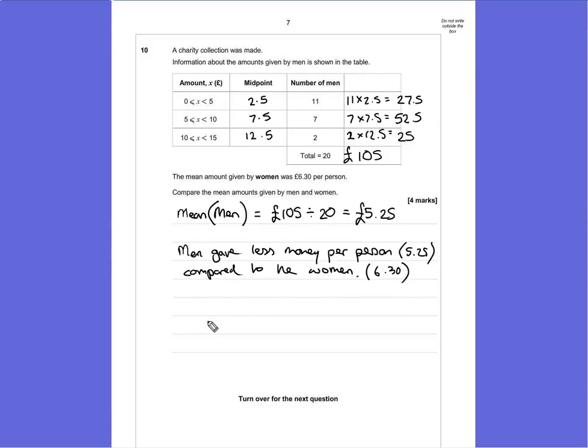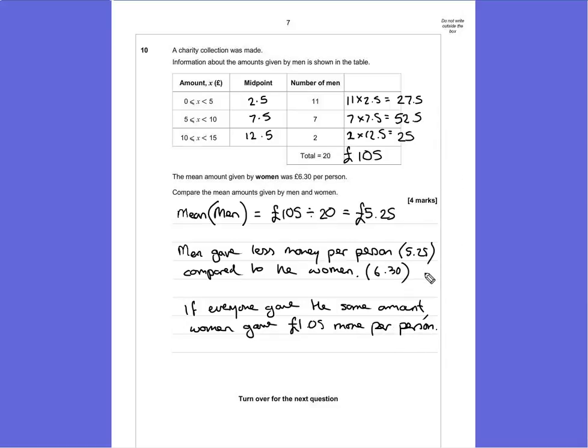So according to this, if everyone had given the same amount, women gave how much more? £1 and 5p more per person.